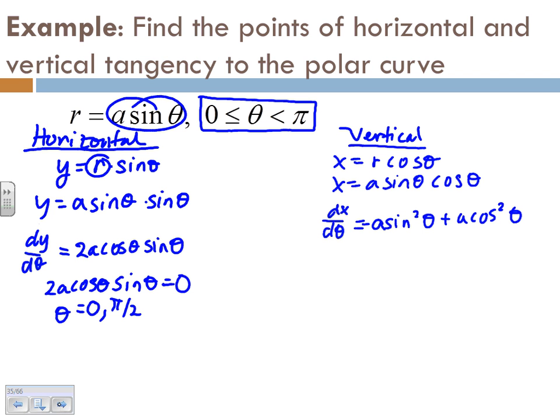Are we okay with that? Alright, so now I want to set that equal to 0. So basically I know that a sine squared theta could equal a cosine squared theta. So you don't have to worry about the a's. So basically you're looking where sine and cosine equal each other, plus or minus.